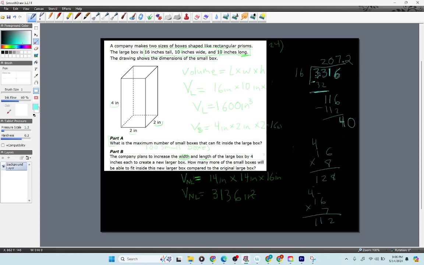So it's going to be 207 boxes as compared to 100. 207 minus 100 is going to give you 107. So how many more smaller boxes will be able to fit inside this new larger box? It's 107 more smaller boxes.